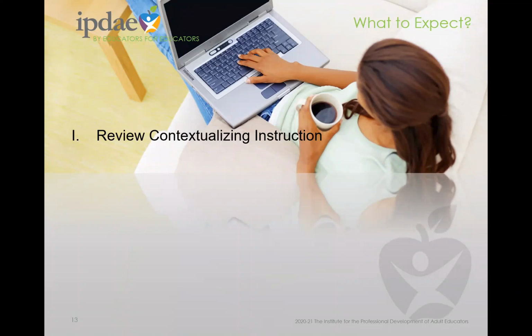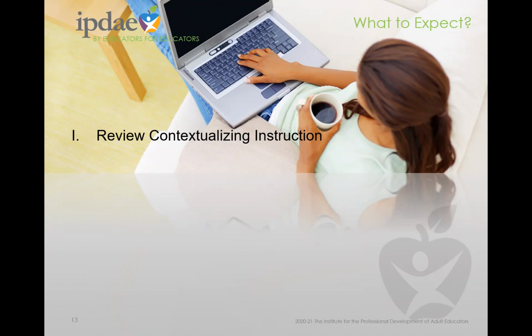But we're going to focus on what really is happening within the classroom at the prison setting or at the correction setting. Really and truly, the implementation of integrated education and training relies on a solid contextualization of instruction.